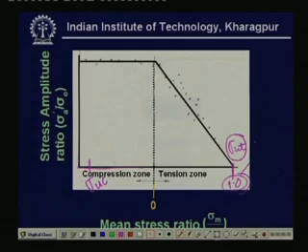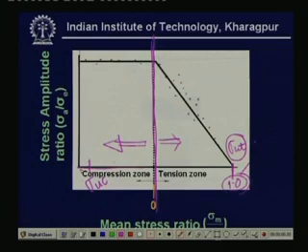Now, this stress amplitude is always defined as sigma A by sigma E, and the values are plotted here through which the line has been drawn. What you can see is this is the mean line, the dividing line, beyond which you have the tension zone, and beyond this on our left hand side we can see the compressive zone.